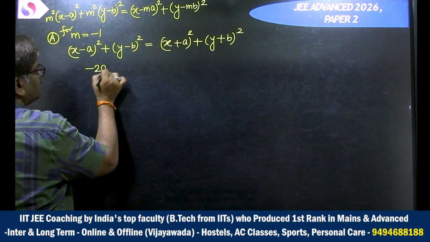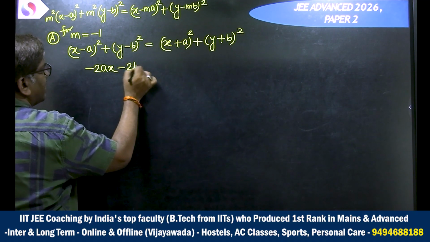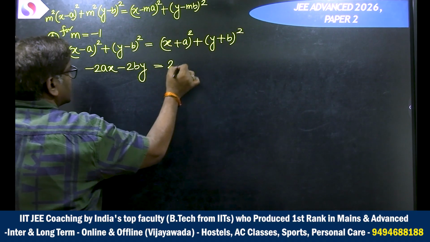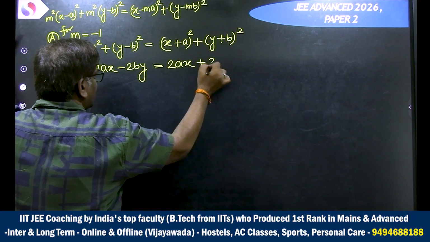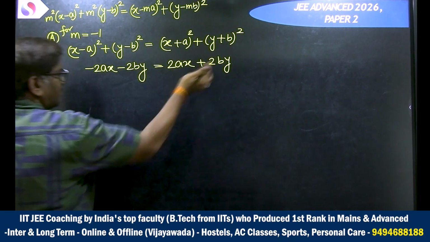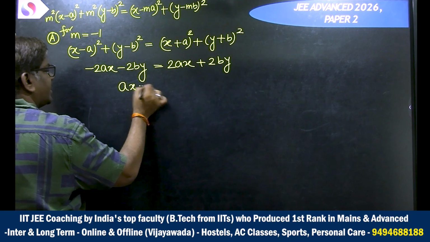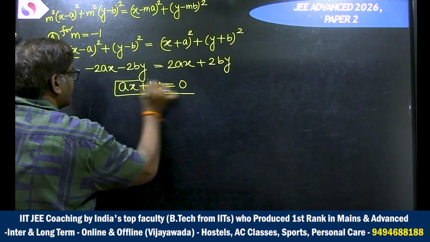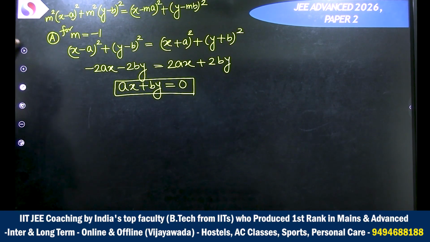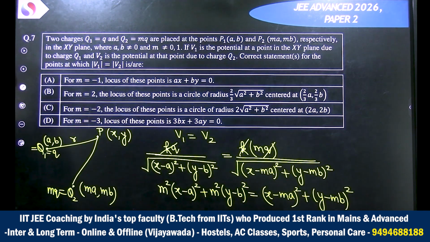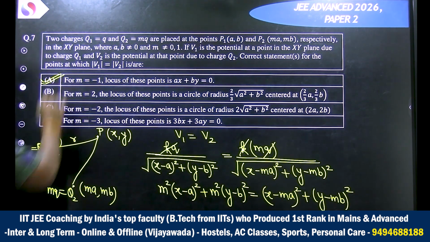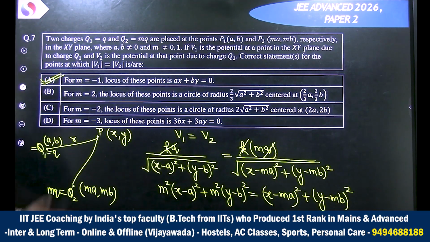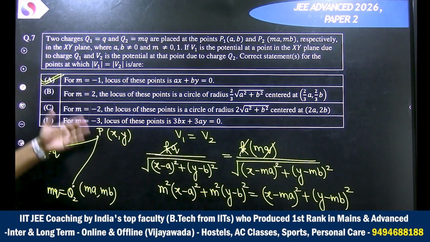From here it is minus 2ax and minus 2by left, and from here it is plus 2ax and plus 2by left. Take it on one side. So finally you are getting ax plus by equal to 0. That will be the locus of that point where V1 is equal to V2. So as you can check, ax plus by equals 0 will be our first option, which is absolutely right. So here there is no option, like you have to put the values of m and check.